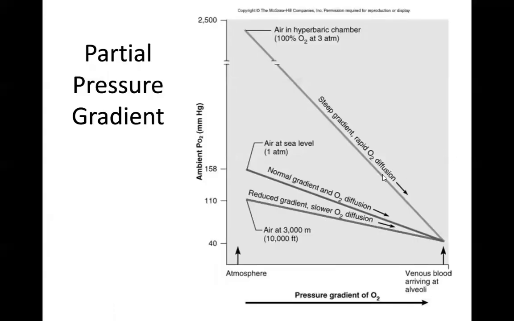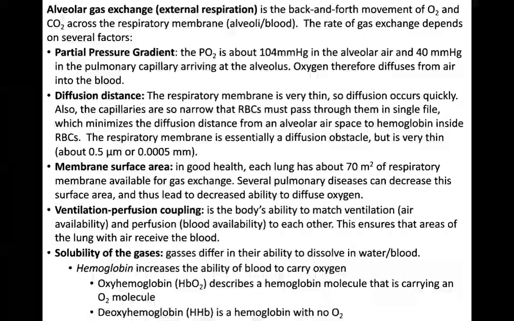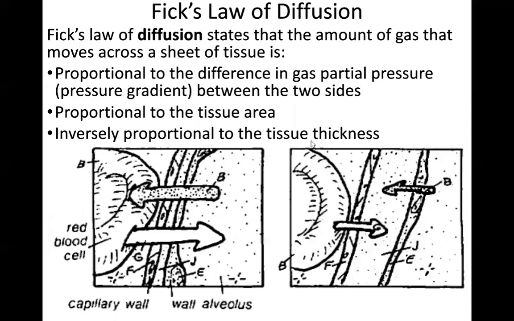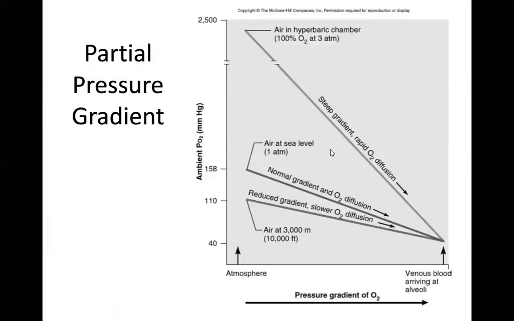Okay, here is a figure to show that partial pressure gradient stuff that I've been talking about. Just for the last couple slides here, I said the greater the difference in partial pressure, the faster the rate of diffusion, and I talked about how it's proportional. So I'm going to start right here in my figure. What we're looking at is pressure of oxygen.